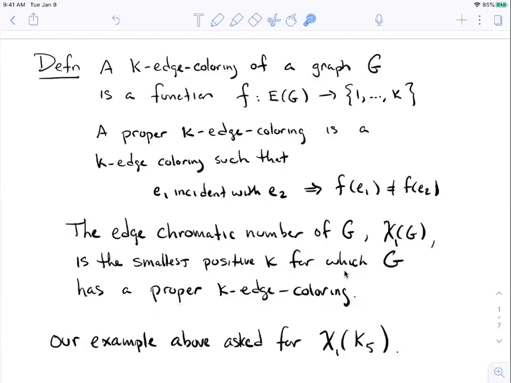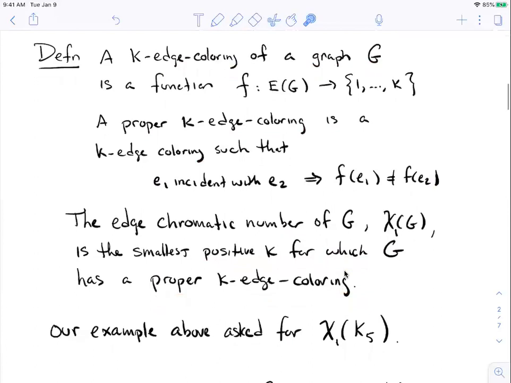In our motivational example, the Little League example, we were basically asking what's the edge chromatic number of the complete graph K5. I didn't prove it, but what I proved in showing you that coloring is that it's less than or equal to 5, because I properly edge colored it with 5 colors.